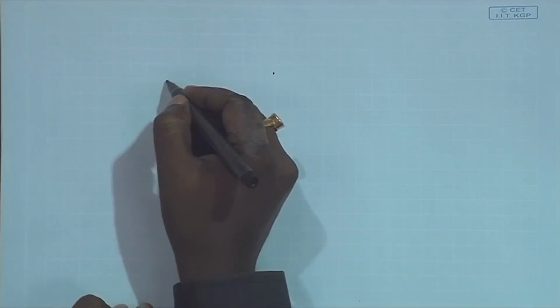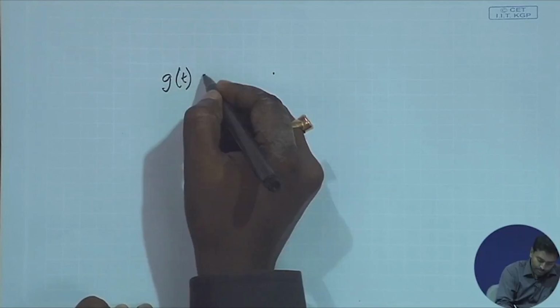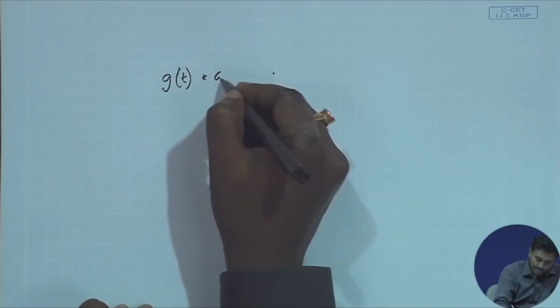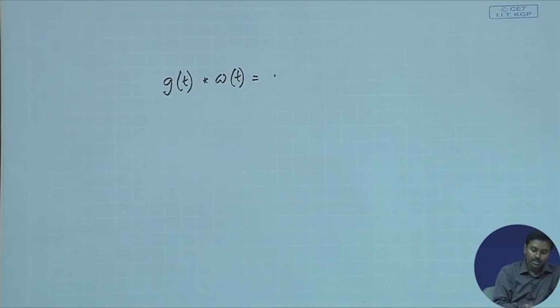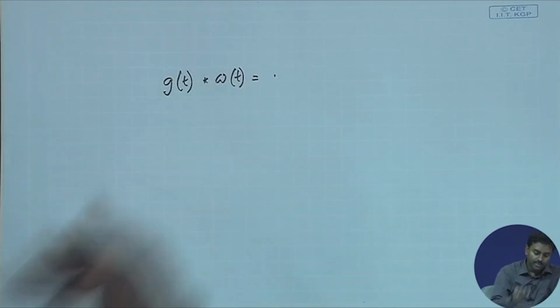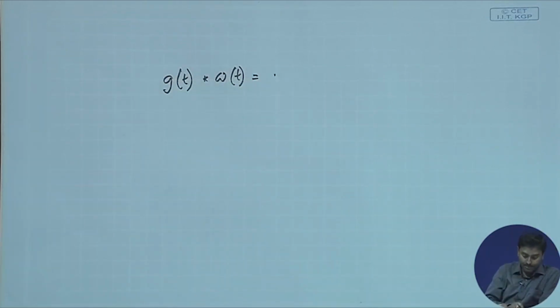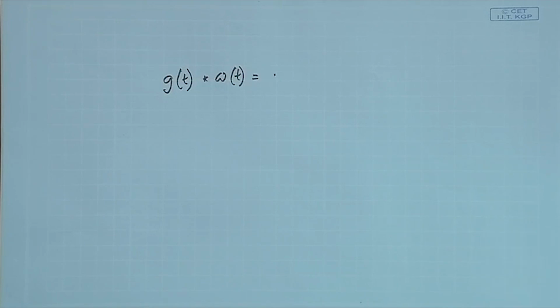Okay. The next property that we are trying to provide is something called convolution. I am not going to prove that, but I will just state what we mean by convolution. This convolution is given by the star symbol. That means a signal g(t) is convolved with another signal, w(t).